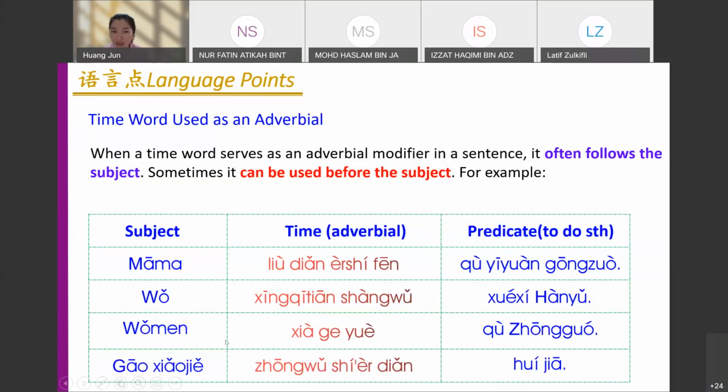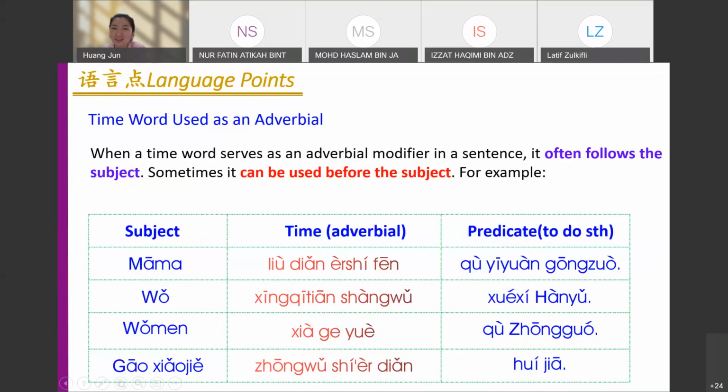Then the last one. 高小姐中午12点回家。高小姐 means Miss 高。中午12点, what's the meaning? 中午12点. You can check there is a comma at 12. So we only have 3 words with a comma in the middle so far.